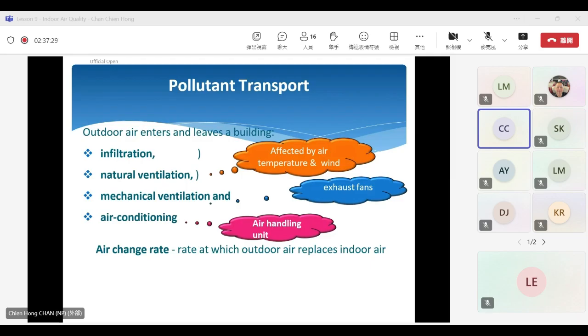We have situations like this: the kitchen exhaust from one building, the way the fan blows, can easily affect your neighbor's building, right? So these are the real issues that we face on site.